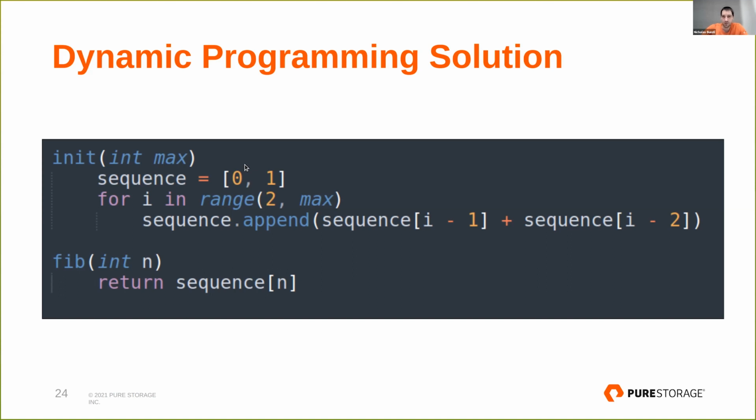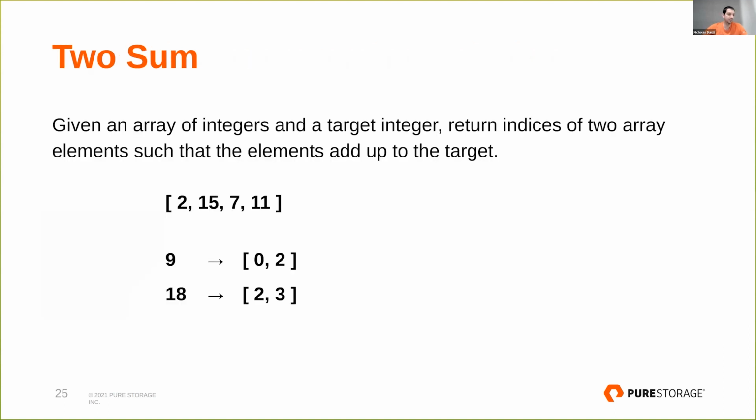So let's move on to the next question. This question is called twoSum. If you're familiar with a website called LeetCode, this is actually question number 1 on LeetCode. So very cool. In this question, you have an array of integers and a target integer.